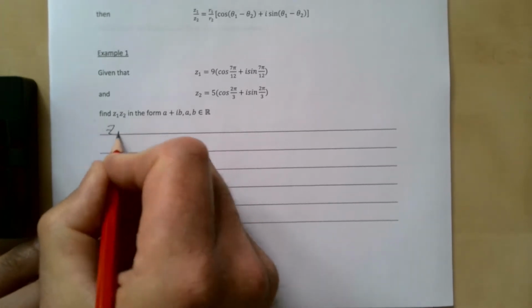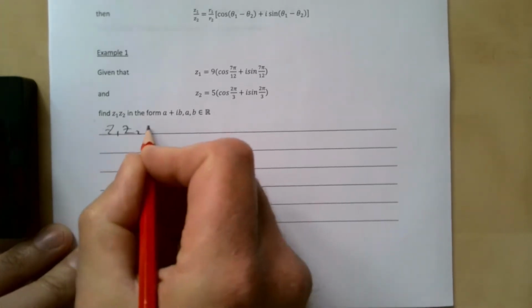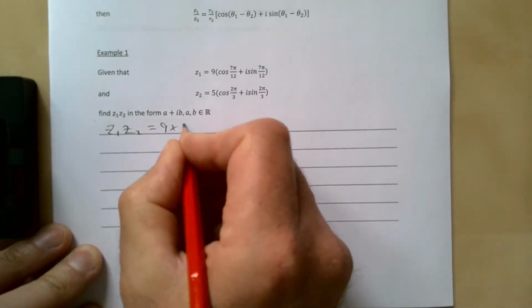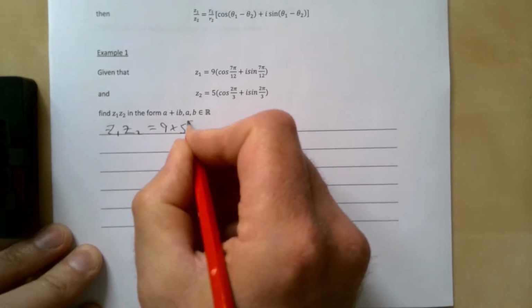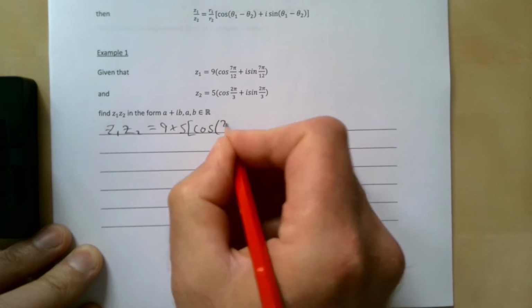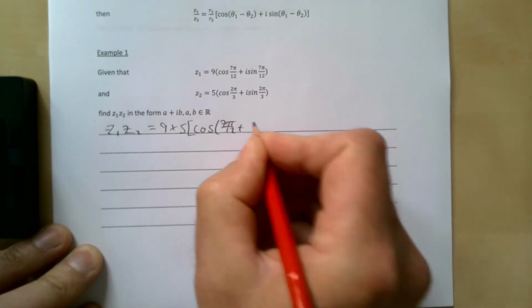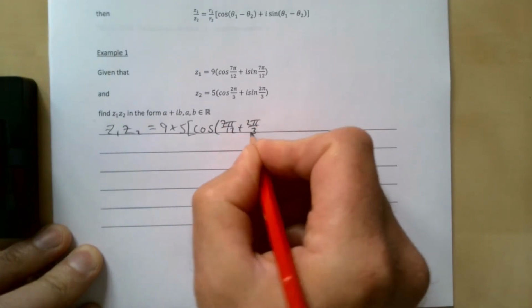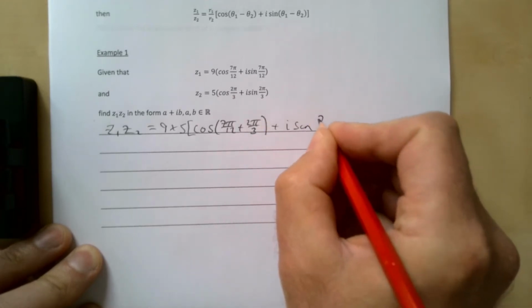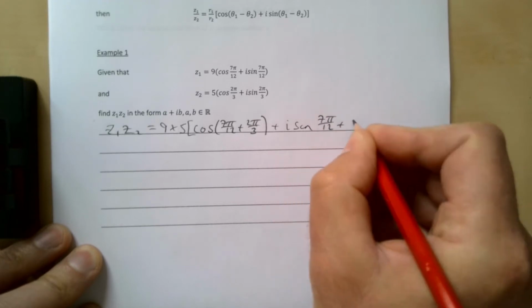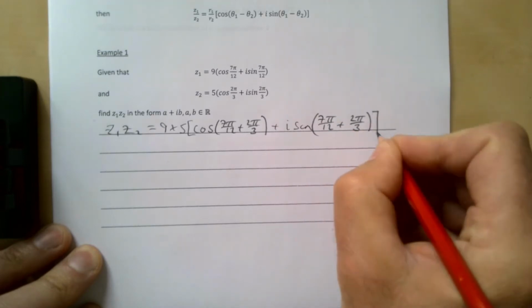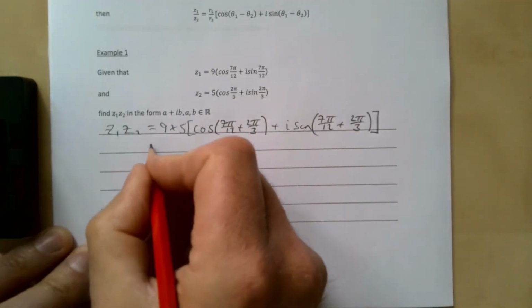So z1 z2 is going to be 9 times 5, because you multiply the moduli, and then we're going to add the arguments, so it's going to be cos (7 pi over 12 plus 2 pi over 3) plus i sine (7 pi over 12 plus 2 pi over 3), and expand the bracket from there.